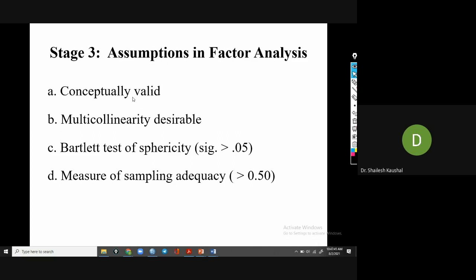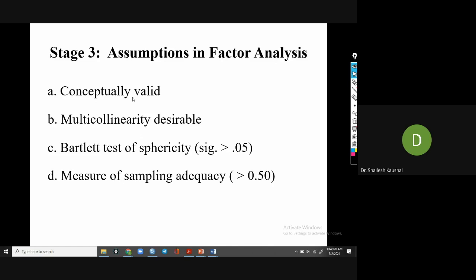Total questions 22. So if it's the original scale, and we are using this scale to measure the service quality of higher education, then we can modify it. We can take 30 or 40 questions. If we are measuring service quality in the health sector, then again we can modify this particular scale given by Parasuraman. So whatever questions we are taking should be conceptually valid.